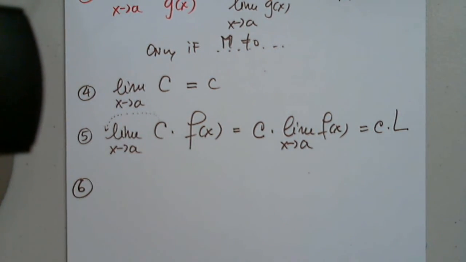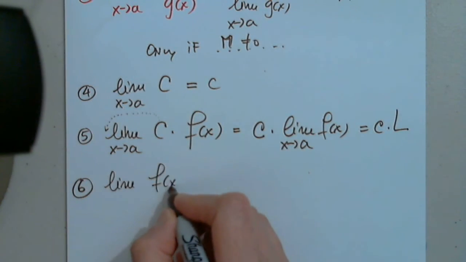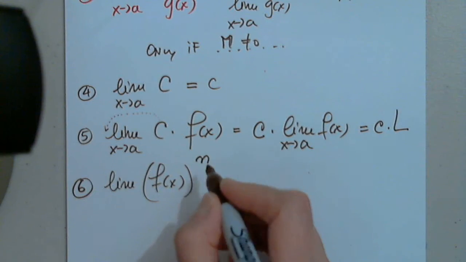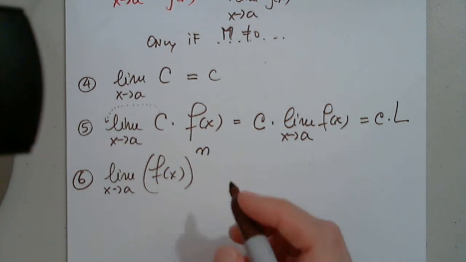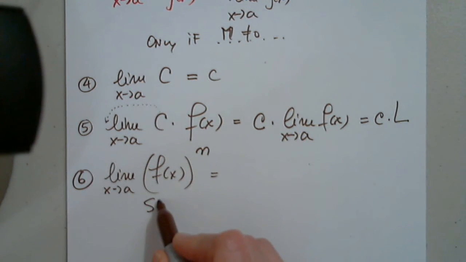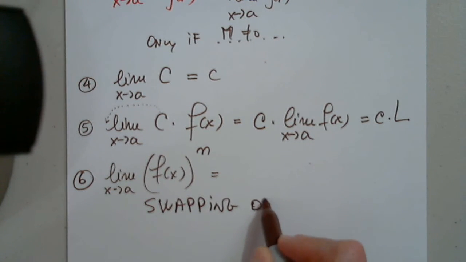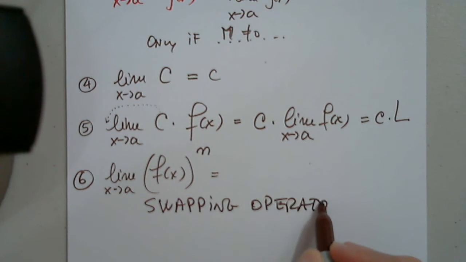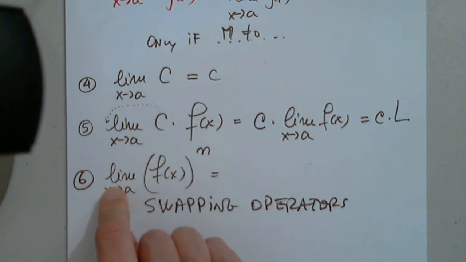Number 6. Limit of f of x raised to a power n as x approaches a. We call this the swapping of the operators. What does that mean? This has to be applied first as an operator to f, and then the second.